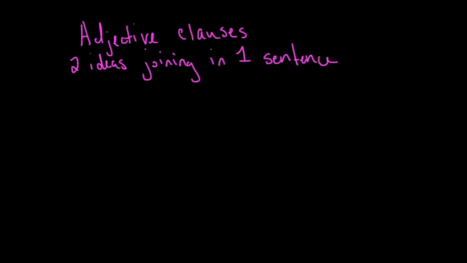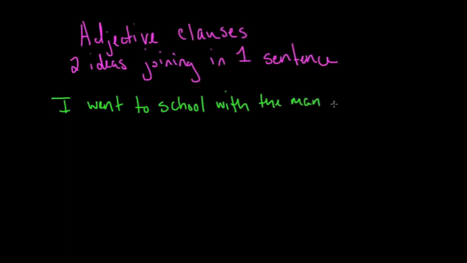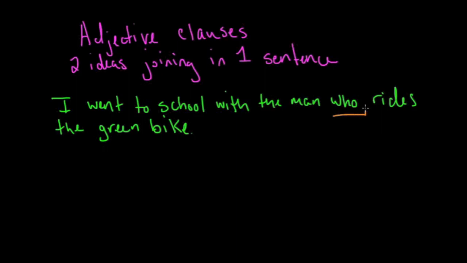So, for example, I went to school with the man who rides the green bike. So here you can see that who is showing up in this sentence.